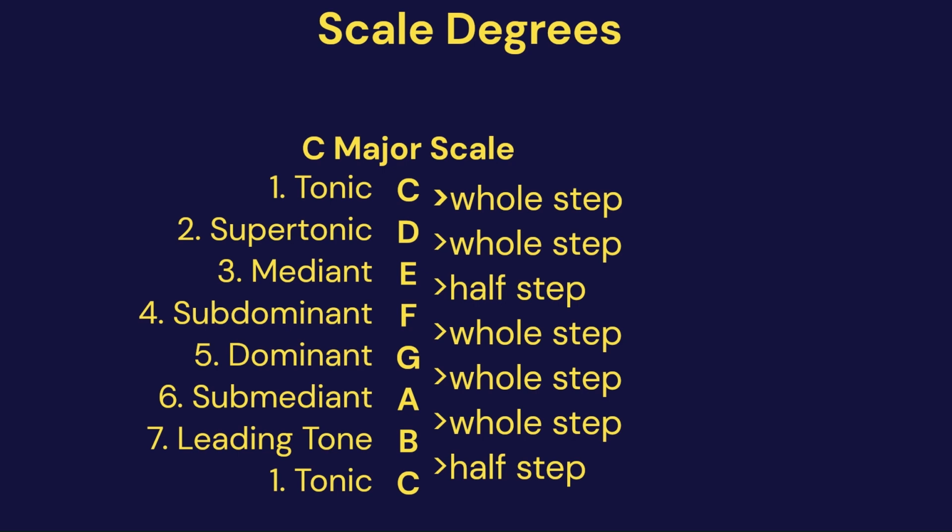But I'll tell you, it's going to be in a higher pitch. Now, if you reversed it, going in the opposite direction, you're going to be saying leading tone, submediant, dominant, subdominant, mediant, supertonic, and tonic again.